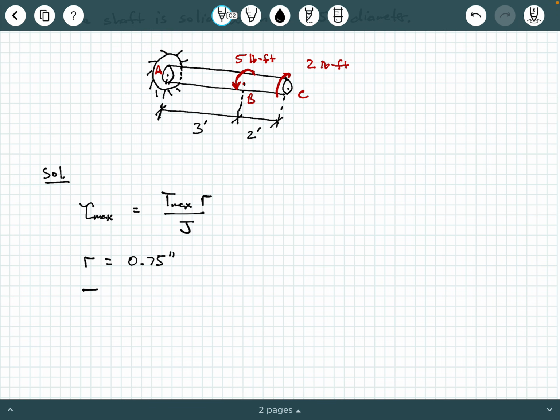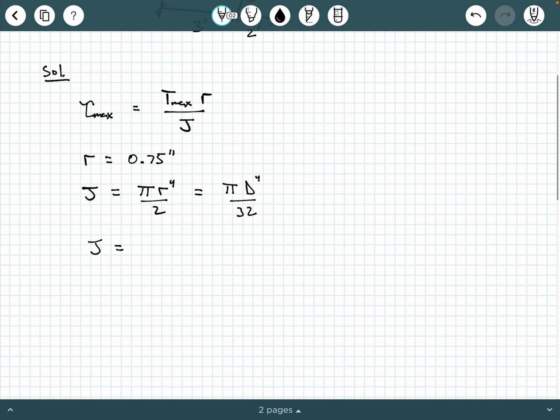And our polar moment of inertia for a solid circular shaft is given by pi times the radius to the 4th power over 2, or you could write that as pi times the diameter to the 4th power over 32. Either one will get you the same answer. So let's just use the radius version.